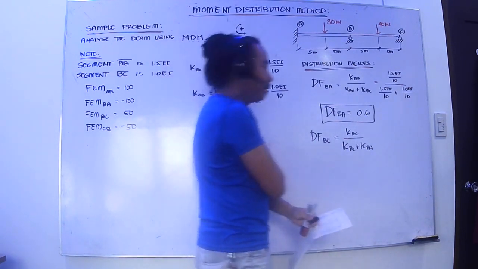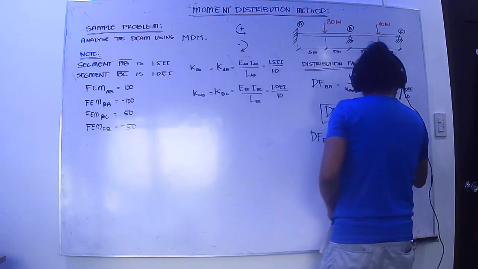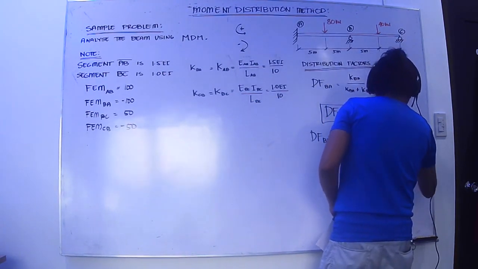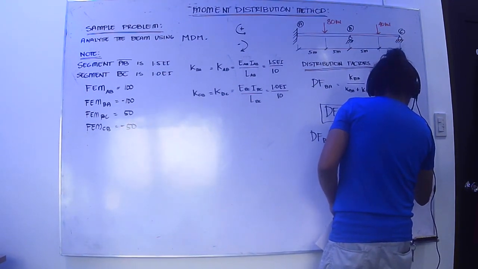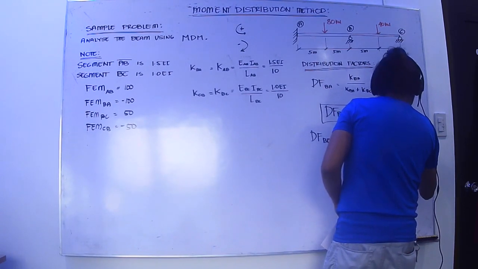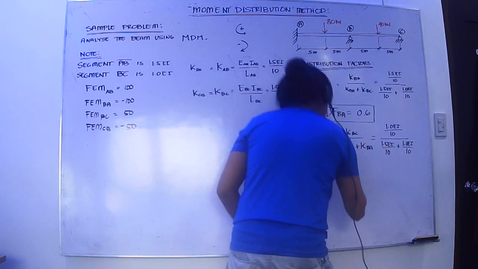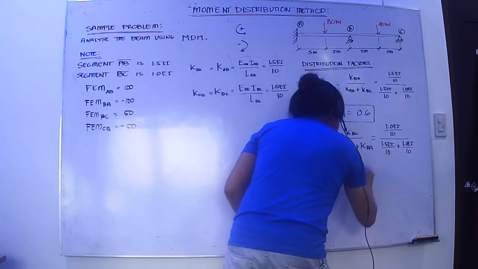Okay? That is 1.0 EI divided by 10 over 1.5 EI divided by 10 plus 1.0 EI divided by 10. If we solve it, we will come up with DFBC equal to 0.4.